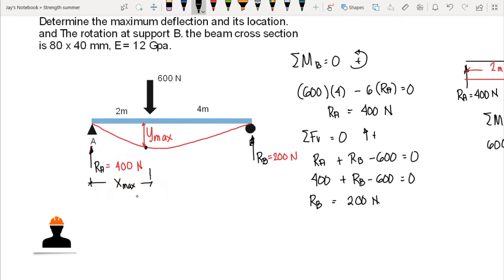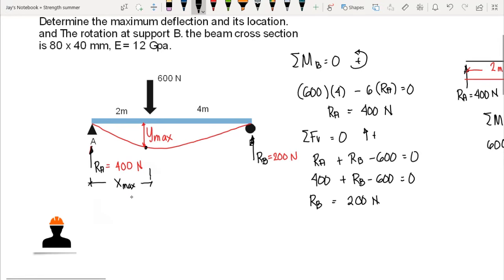If we find the location of our maximum deflection, then we can use this value of x max in our deflection equation, so that we can compute for the value of y at this x max here. But how are we going to compute for the location of the maximum deflection?